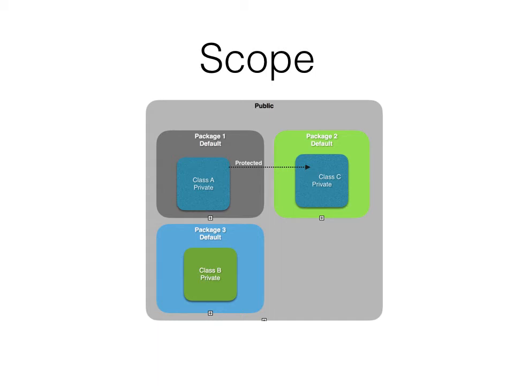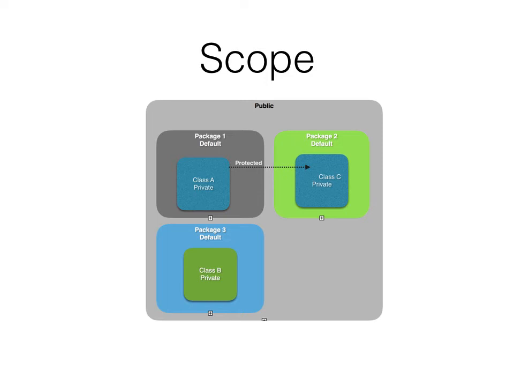And the last one, the protected access modifier, can only be used if one class marks a variable or a method as protected and the other class extends this class. Only the subclass can access these types of methods and variables. In this presentation I have drawn one dashed arrow.